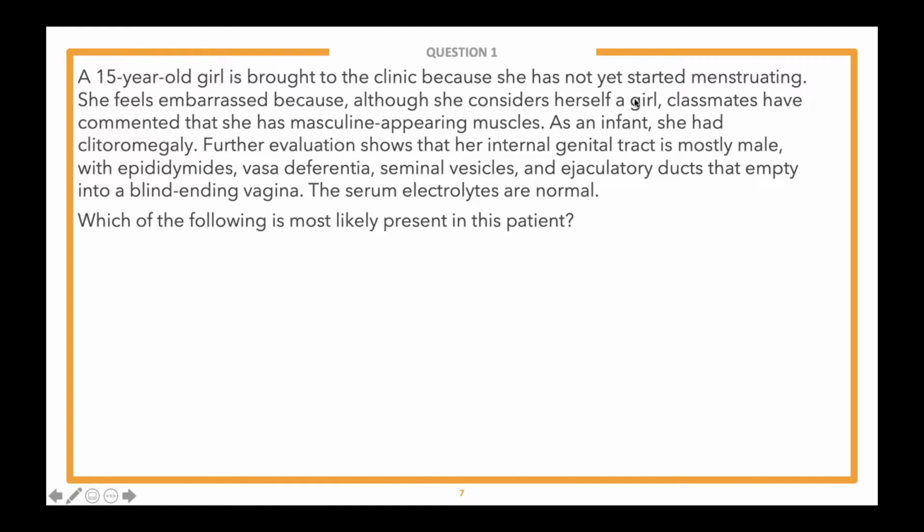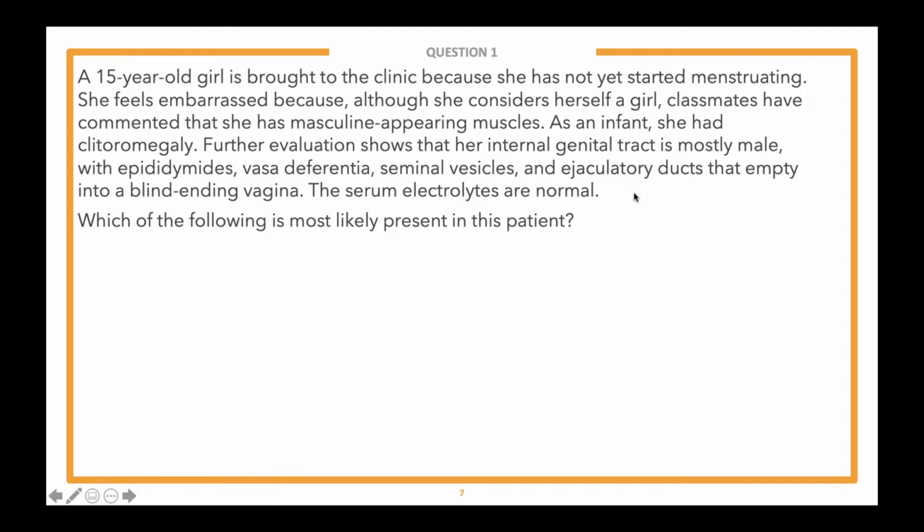Further evaluation shows that her internal genital tract is mostly male, with epididymis, vas deferens, seminal vesicles, and ejaculatory ducts that empty into a blind-ending vagina. The serum electrolytes are normal. Which of the following is most likely present in this patient? I'll give all of you a moment here to start thinking about the important clues in the vignette and lead-in.